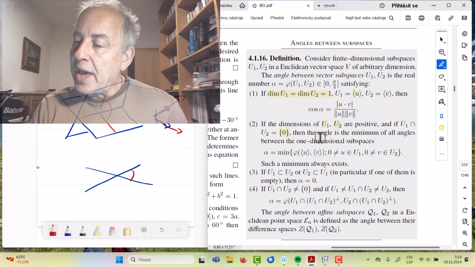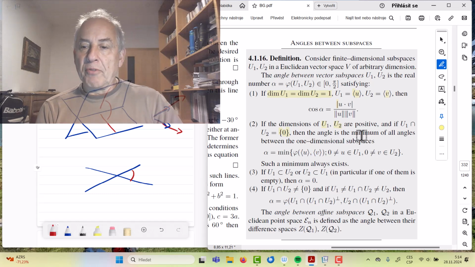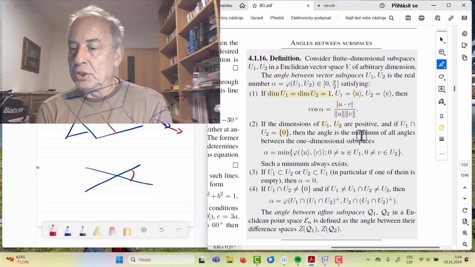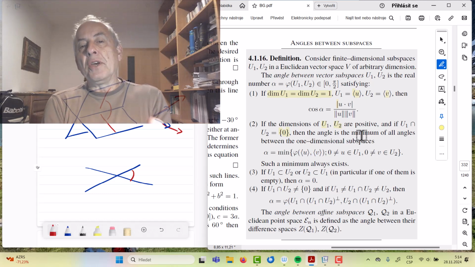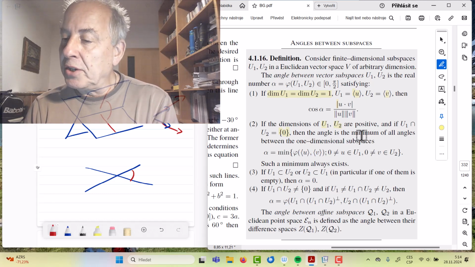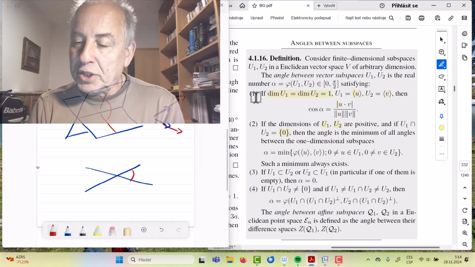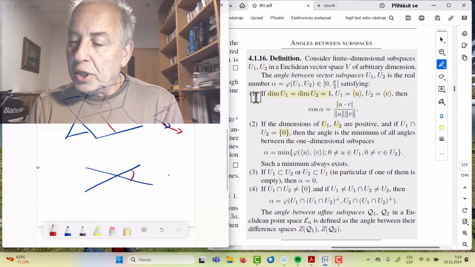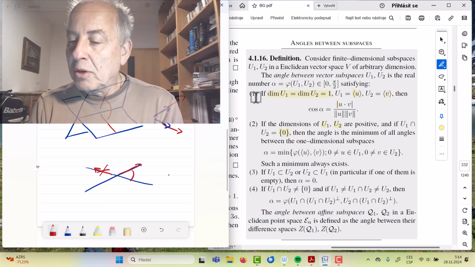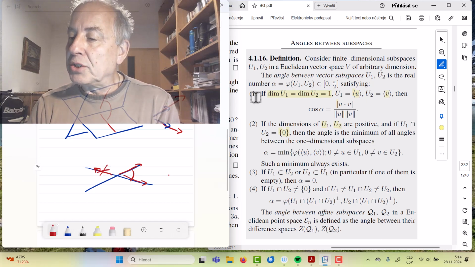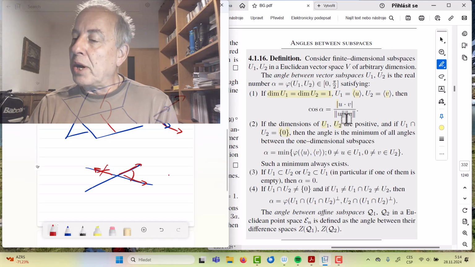Then the angle is defined as the minimum of the angles, which is achieved by taking couples of vectors, right? So it's again like in number 1, because you can take a vector here and a vector here, right? And this angle will not be the minimum, because the right minimum will be if you take the vector here, right? So there it's just given by the absolute value.